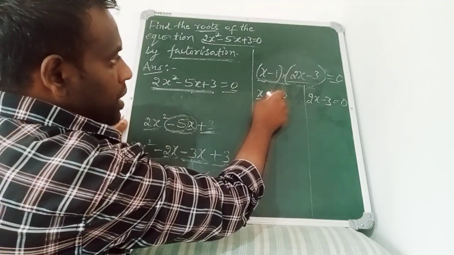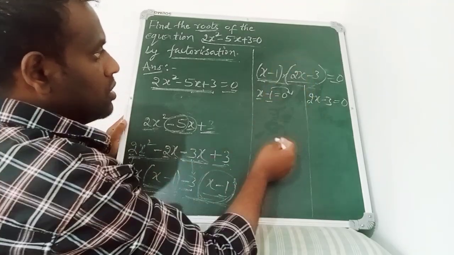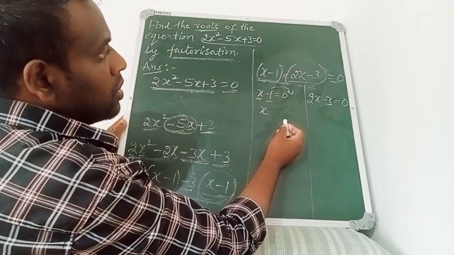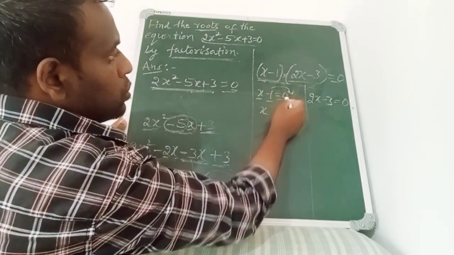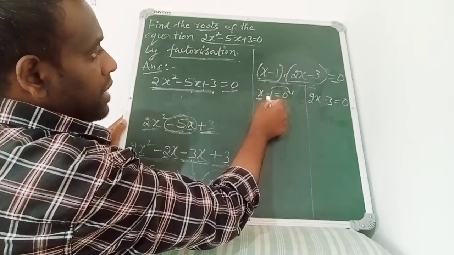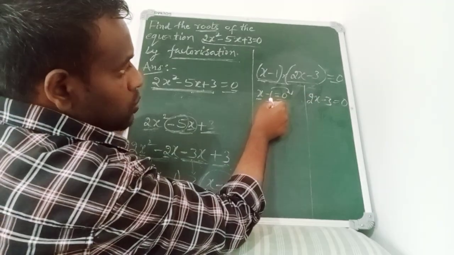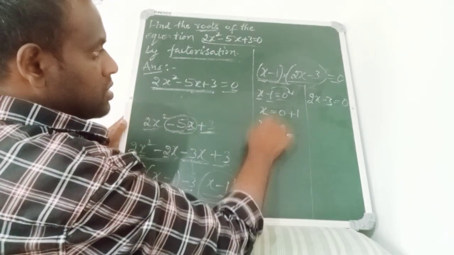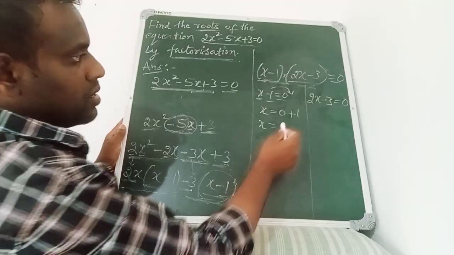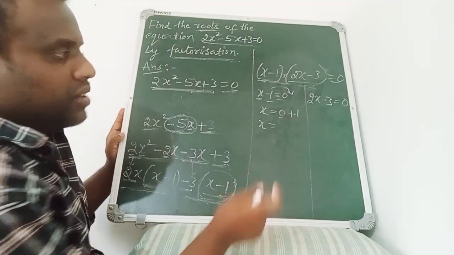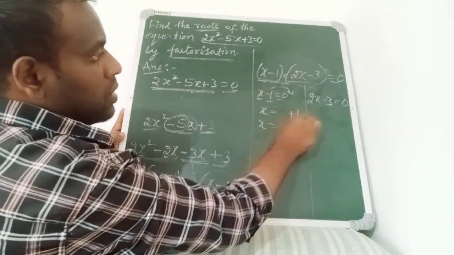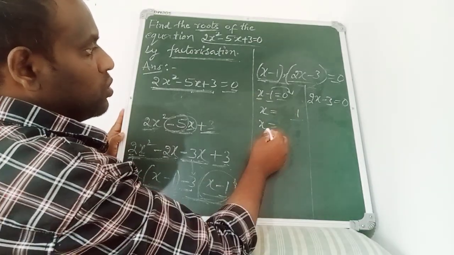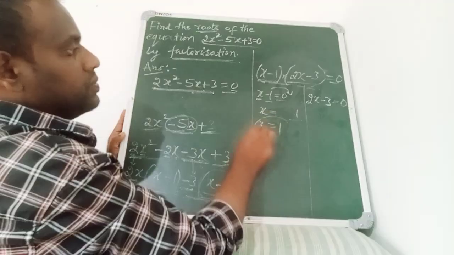We have to shift this minus 1 to this side. So in the next step, before shifting, write this x as it is, and this equal to 0. When minus 1 is shifted to this side, it will become plus 1. Next step. See, 0 means nothing, we can erase it. Plus 1 or just 1, both are the same. You can erase this plus 1 also. So, x is equal to 1.